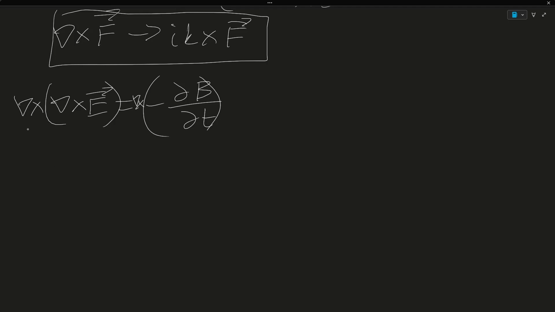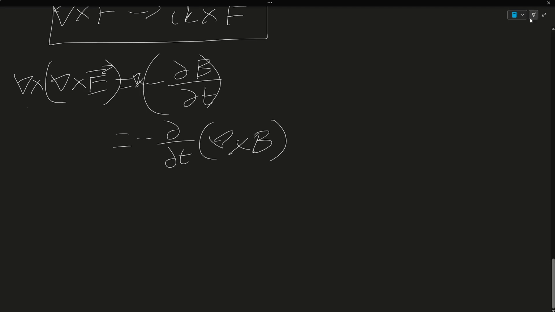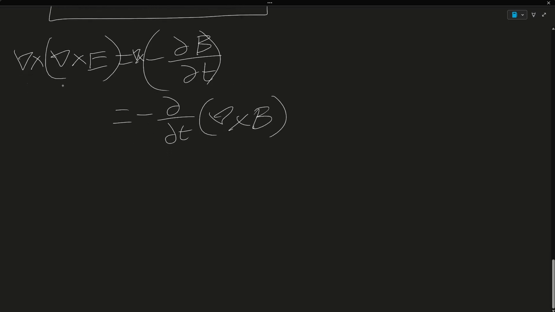And space and time derivatives commute, so you can then take the derivative out here. So it would be minus the change in the curl of the magnetic field with respect to time. Why did I write the arrow in? Who knows. And that's still the curl of the electric field.